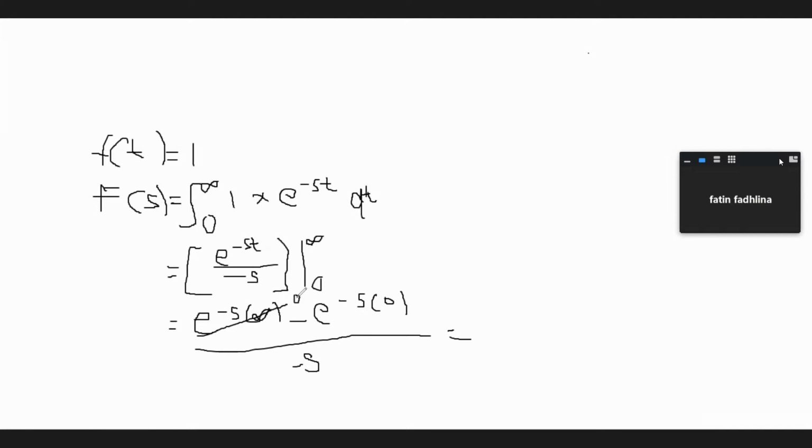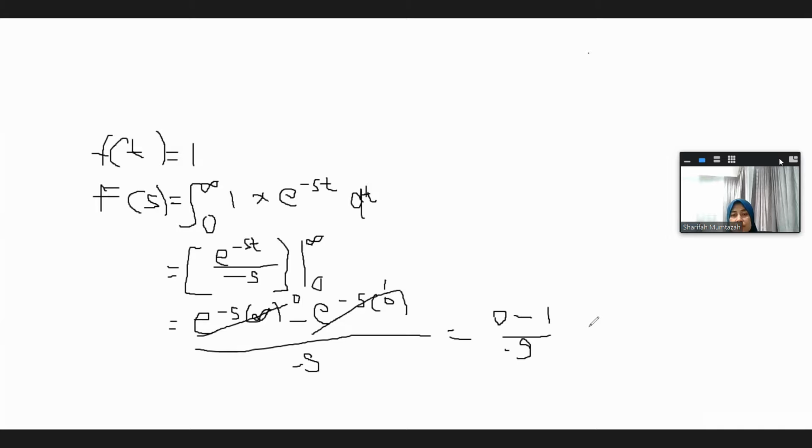When you are at 0, you are 1. Good. 0 minus 1 over negative s. So you are left with 1 over s. 1 over s.